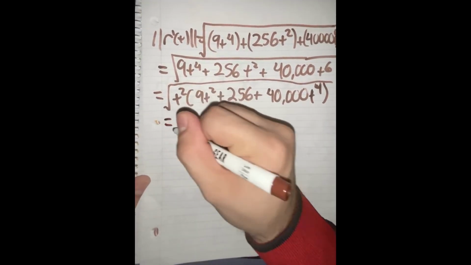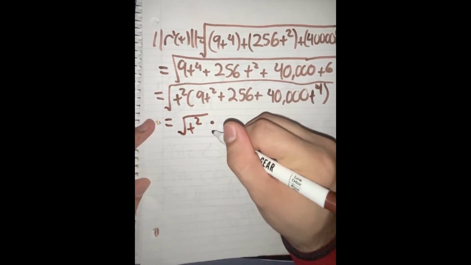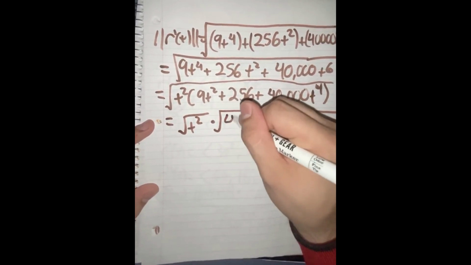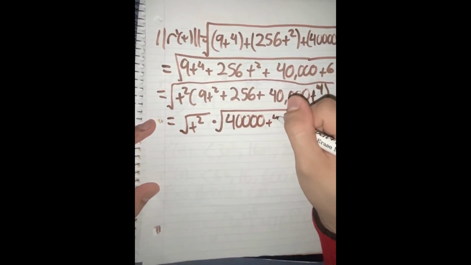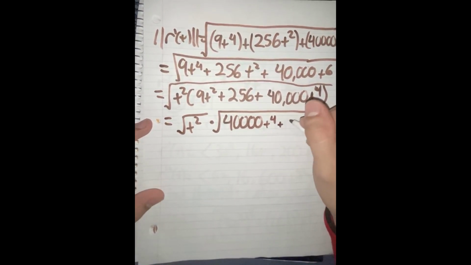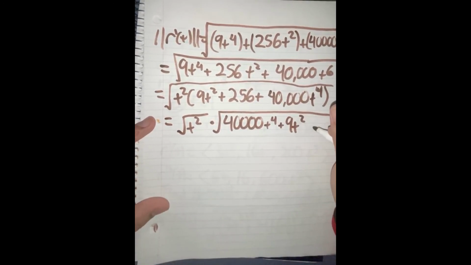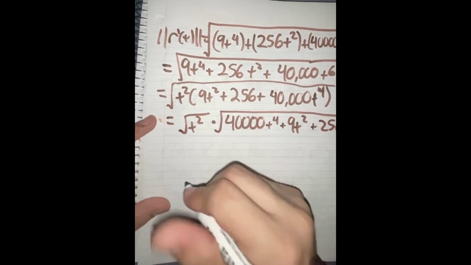So now the next step is to split up the square. Organizing this in descending order, we have 40,000 t to the 4th plus 9t squared plus 256 inside a root.